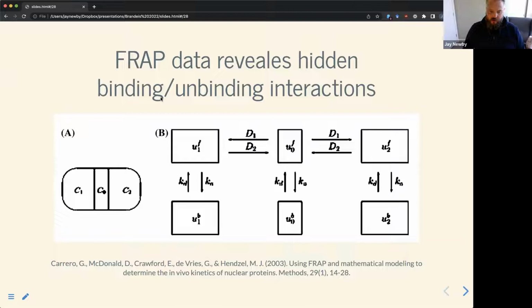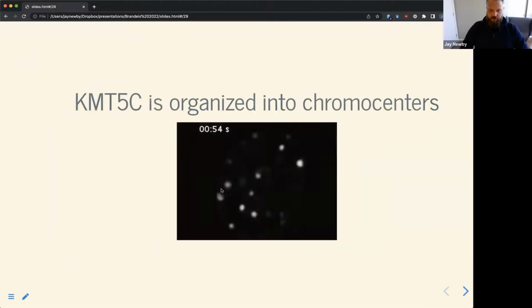So then you can have multiple compartments, these phase separated condensates, and then you can ask, what are these parameters, D1, D2, and the binding and unbinding rates. That's something they were actually able to infer from the FRAP video data, which I think is pretty cool.